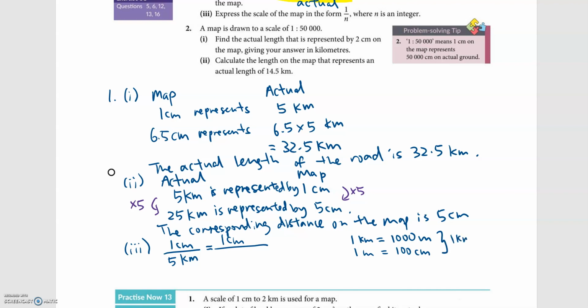So 1 kilometer would give me 100,000 cm. So I need to change the 5 kilometers to 500,000 cm. Once I have both values in the same units, I can express this scale as 1 over 500,000. So n is 500,000.